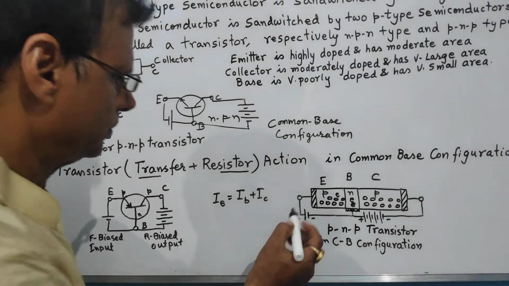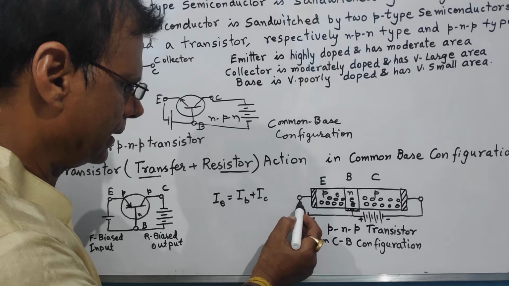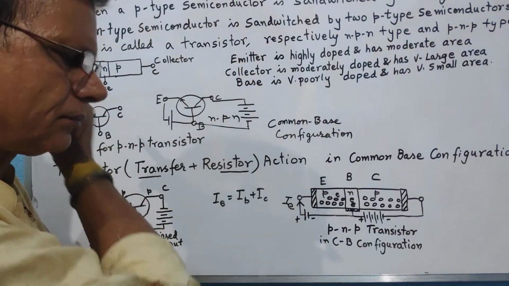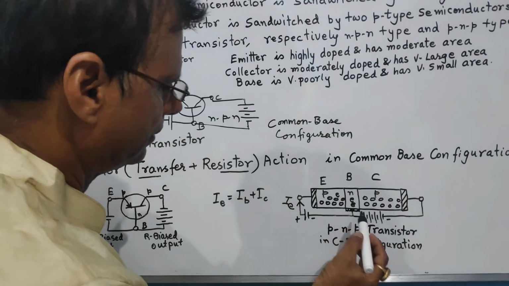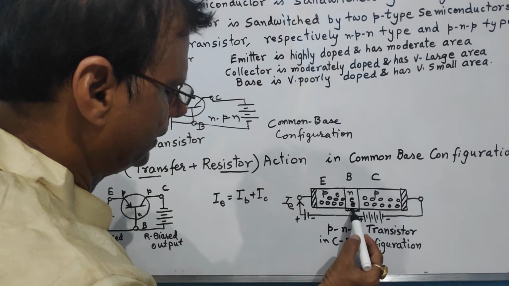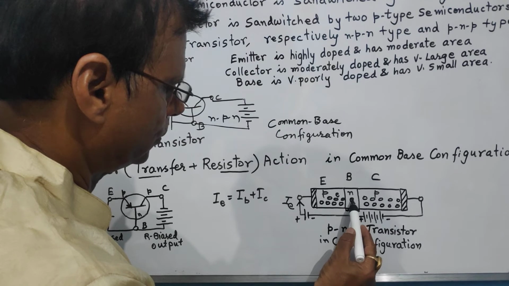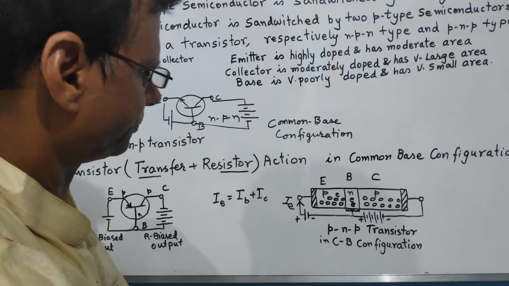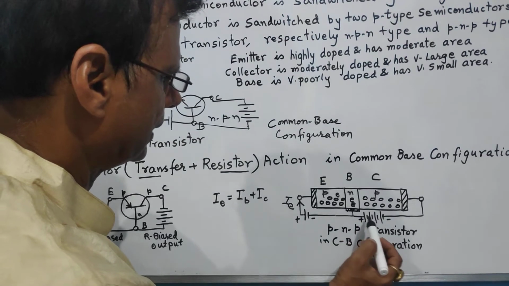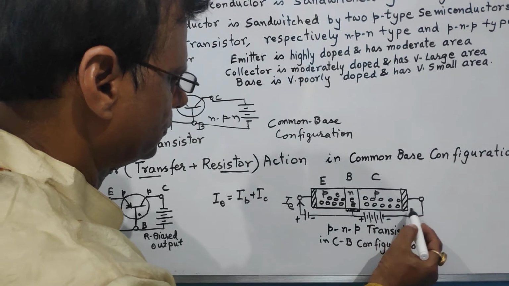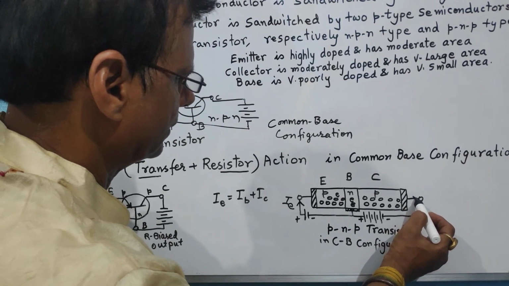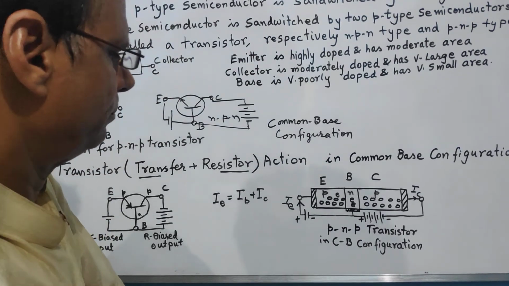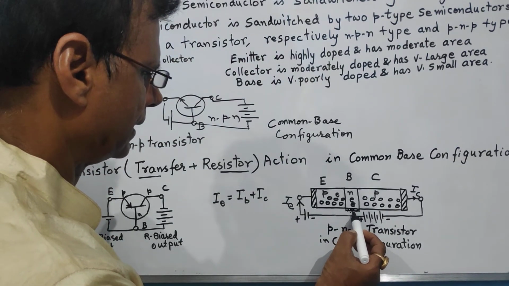So here if you mark the current, emitter current, it is along this direction, and some of the holes reach the base and some of them combine over here, and the rest are reaching over here. So that means here we have the collector current and here we have the base current.